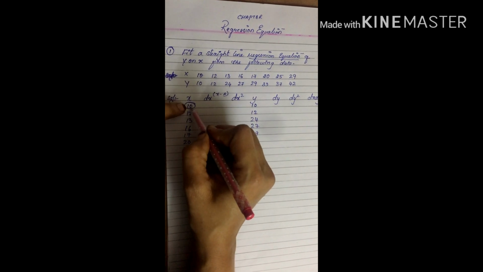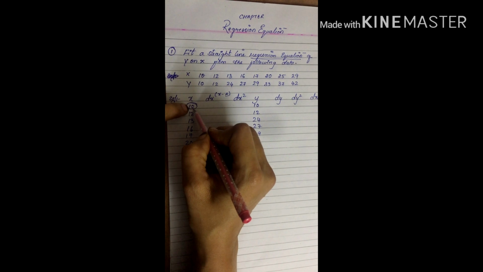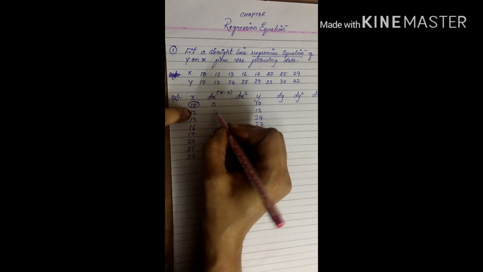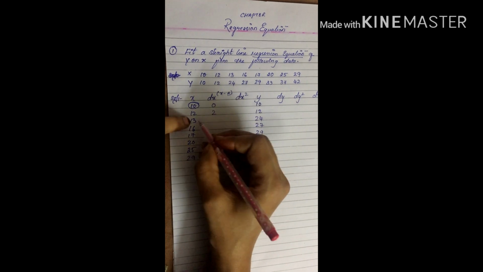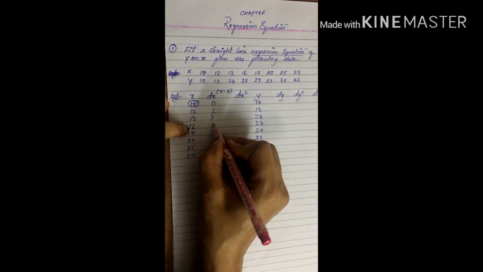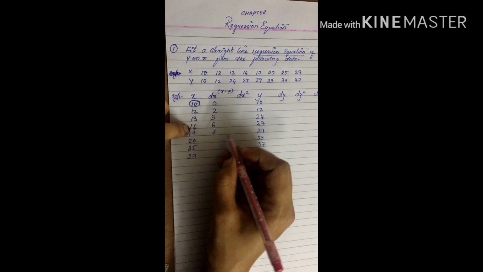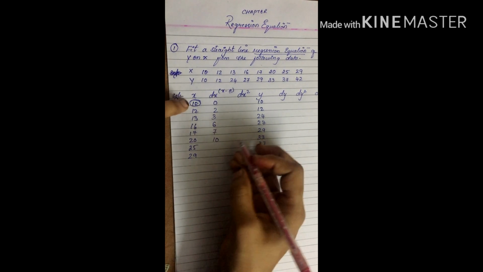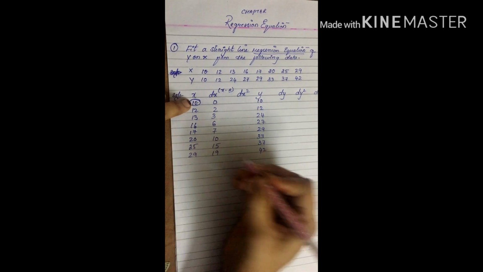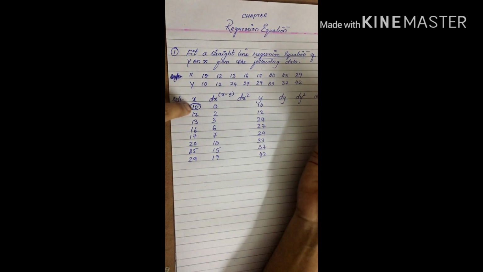X minus a: 10 minus 10, 0. 12 minus 10, 2. 13 minus 10, 3. 16 minus 10, 6. Likewise 7, 10. 25 minus 10, 15. 29 minus 10, 19.